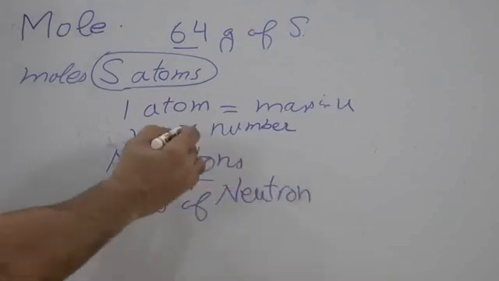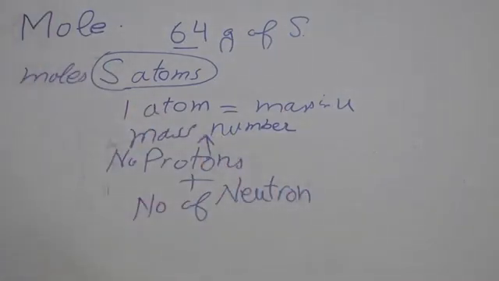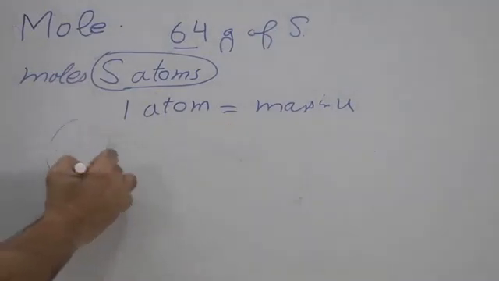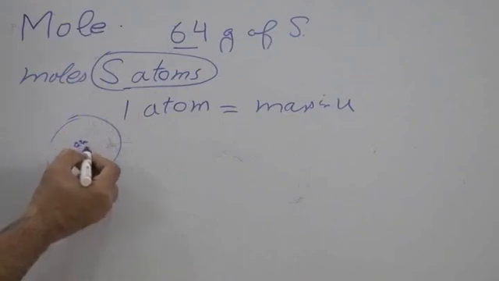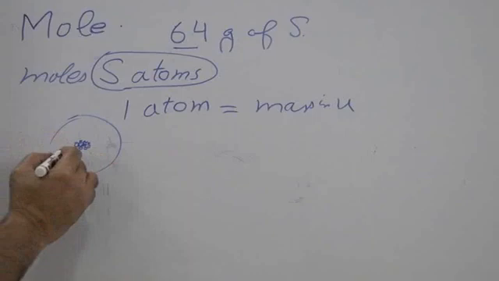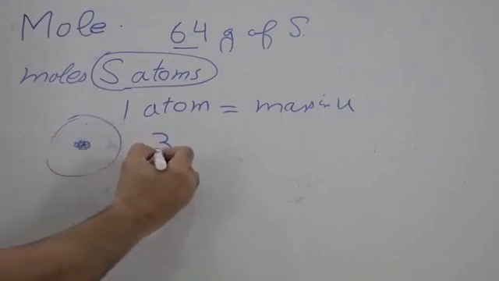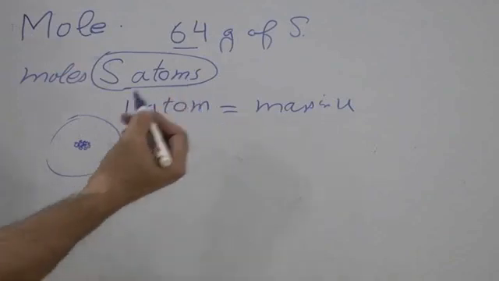This is the mass number. In sulfur, there are 16 neutrons and 16 protons, which means the mass number comes out to be 32. 32 is the mass number of sulfur and its mass would be 32 point something.